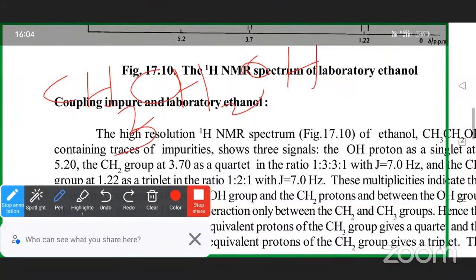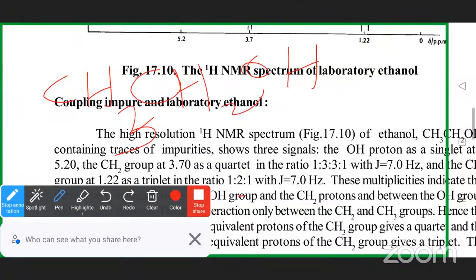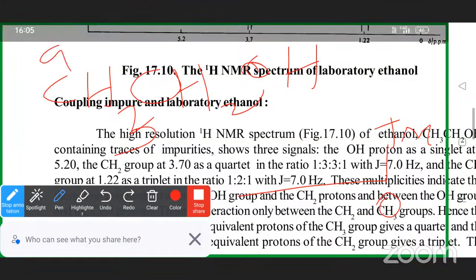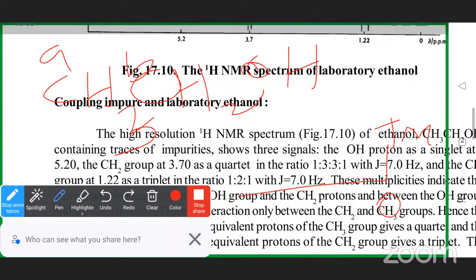If you see the H1 NMR spectra, this is TMS at 0. You can see there are two equivalent sets and non-equivalent protons: this is A, this is B, and this is C. Just assume this is the pure alcohol.